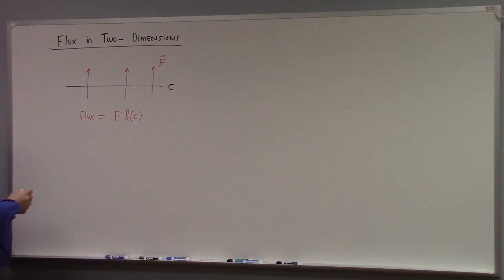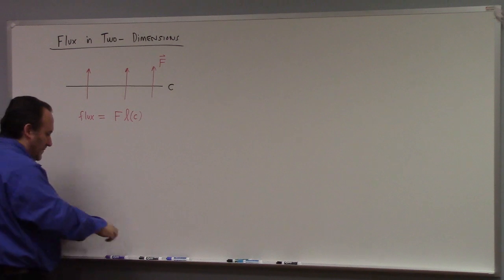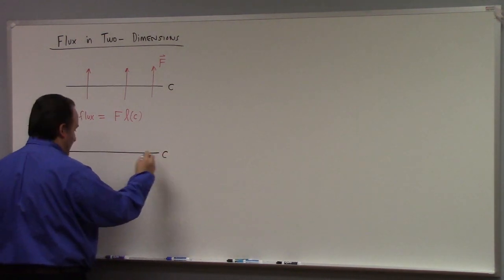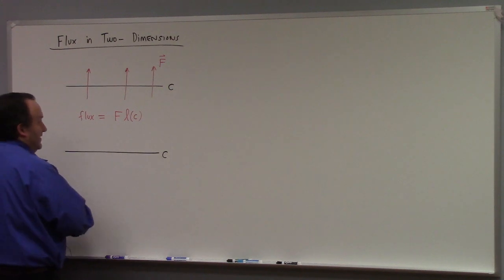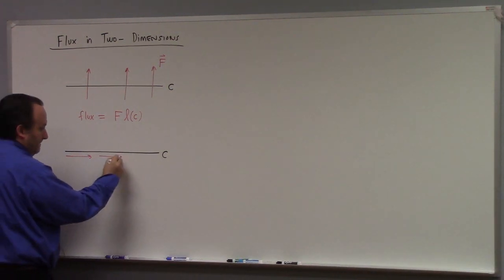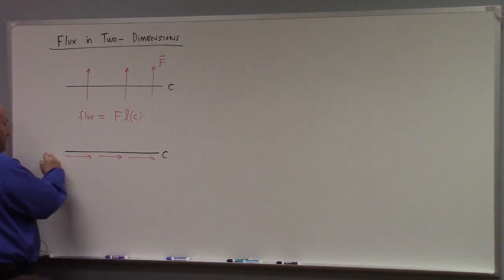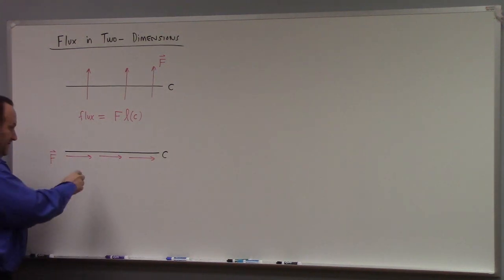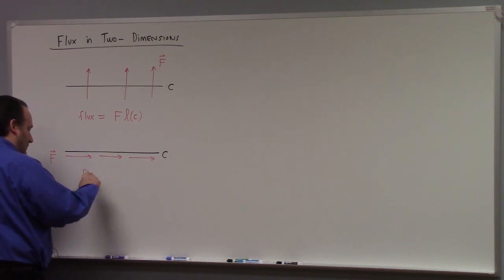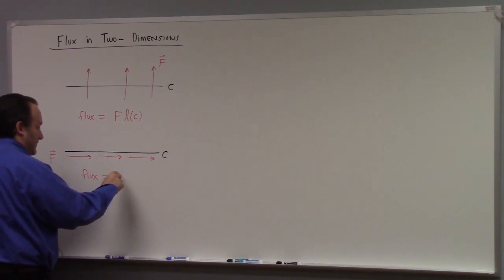On the other hand, if your curve C looked like this and your vector field looked more like this, right? Then the flux, in this case, is equal to 0.